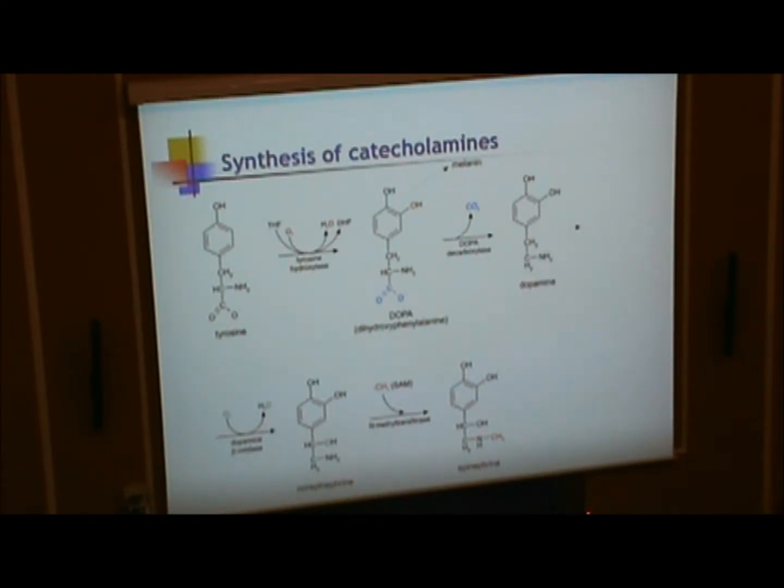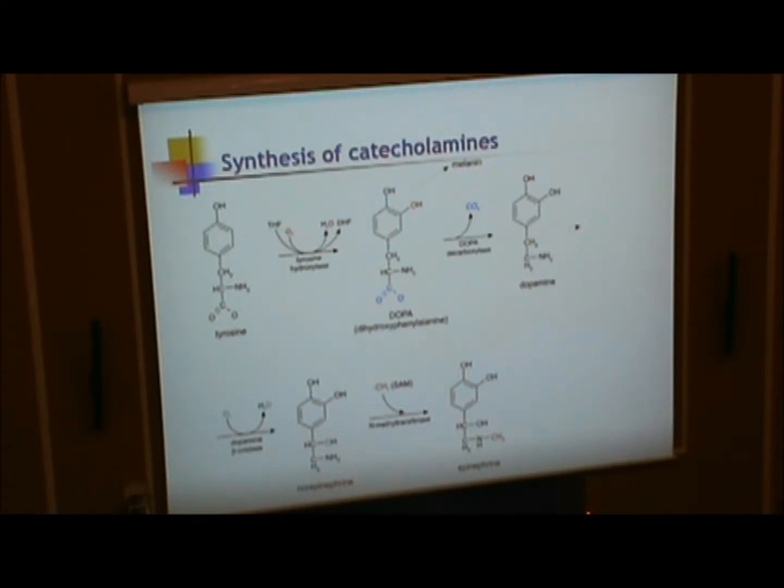The next group of biologically active substances produced from amino acids are catecholamines: norepinephrine and epinephrine. So tyrosine is submitted to the reaction of tyrosine hydroxylase.